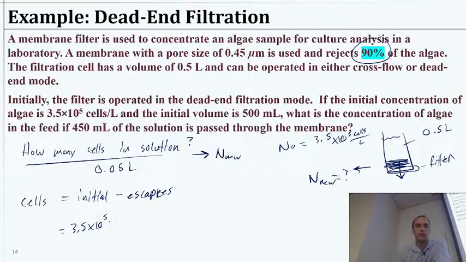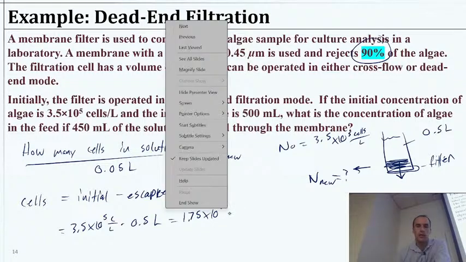That was per liter. So we have to multiply that by 1/2 because we have half a liter. That should give us 1.75 times 10 to the 5th cells.